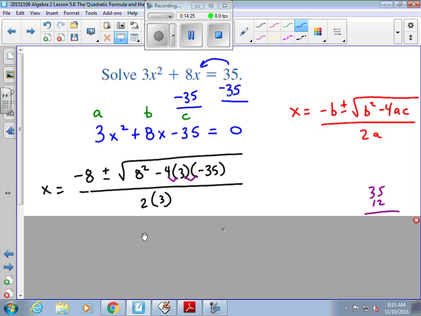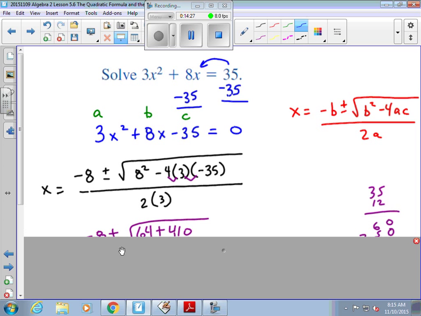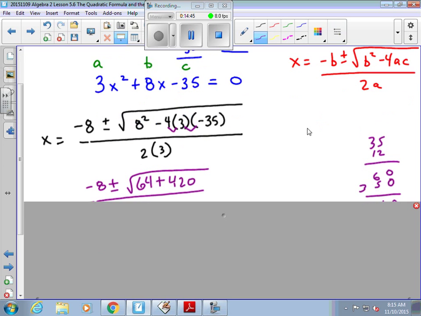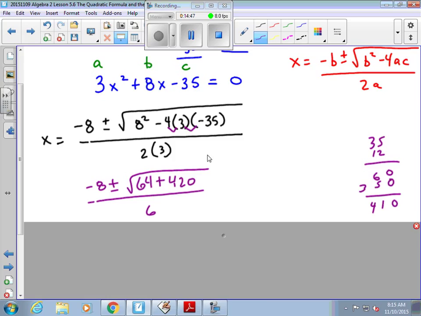So when you multiply all of this, 8 squared is 64, negative 4 times 3 is negative 12, and negative 12 times negative 35 is not positive 410, it's positive 420. Okay, so that's underneath the radical, which is the discriminant. And 2 times 3 is 6.